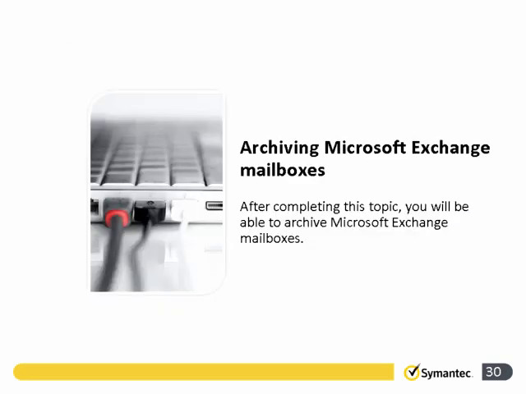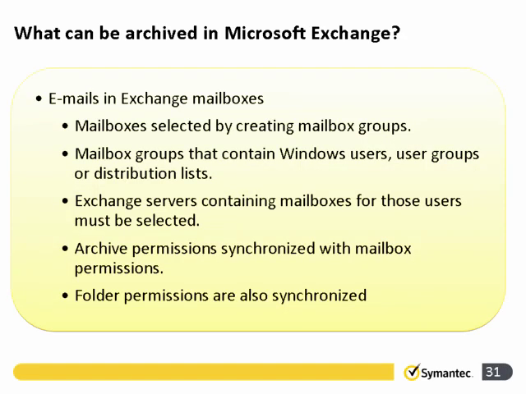So let's take a look at archiving Microsoft Exchange mailboxes. I can archive anything that is mail. I can select mailboxes based on groups, and I can set the criteria based on groups.